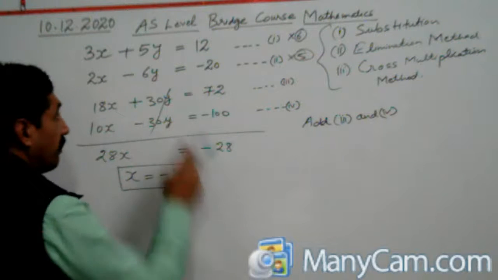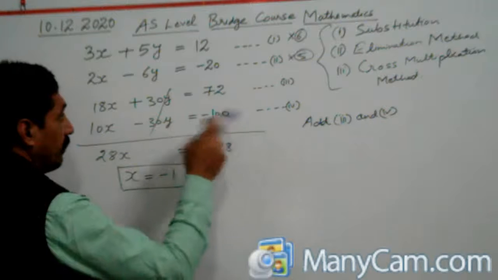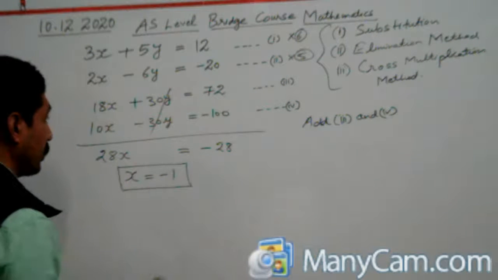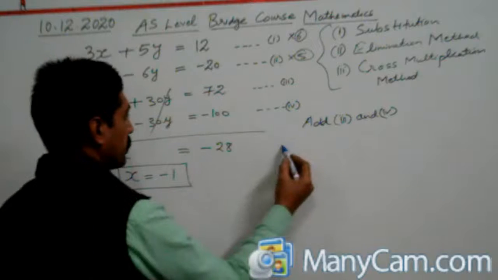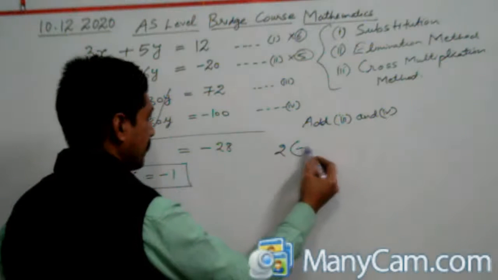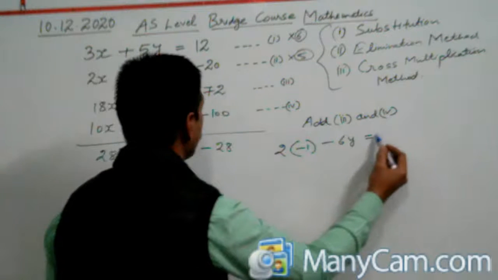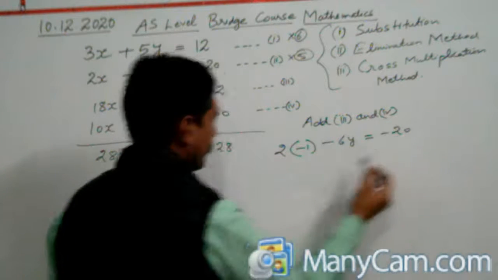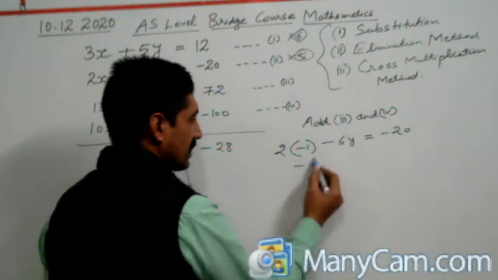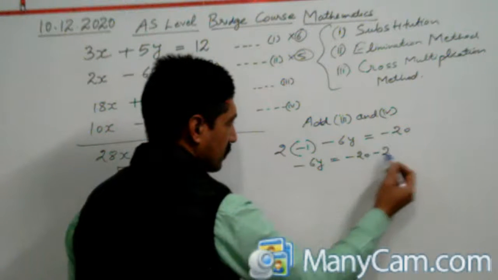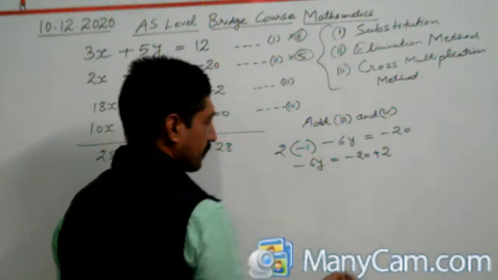Now, what is y? To find the value of y, we can substitute x equal to minus 1 in any of the equations. Like here in the second equation, 2x is minus 1, minus 6y is equal to minus 20. So 6y is equal to minus 2, minus will get plus, right?